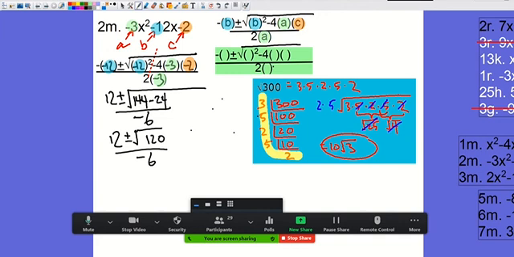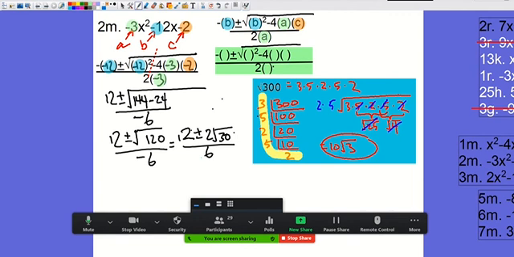Once you go through this blue box process, you are going to get 12 plus or minus 2 root 30 over 6. And then we are pretty much done here.